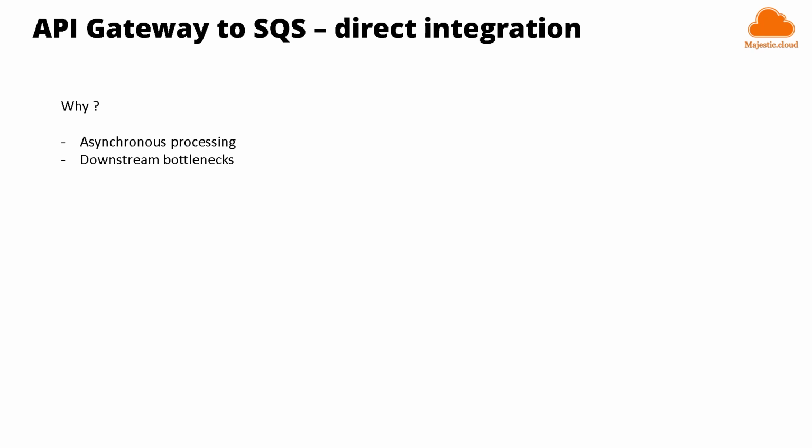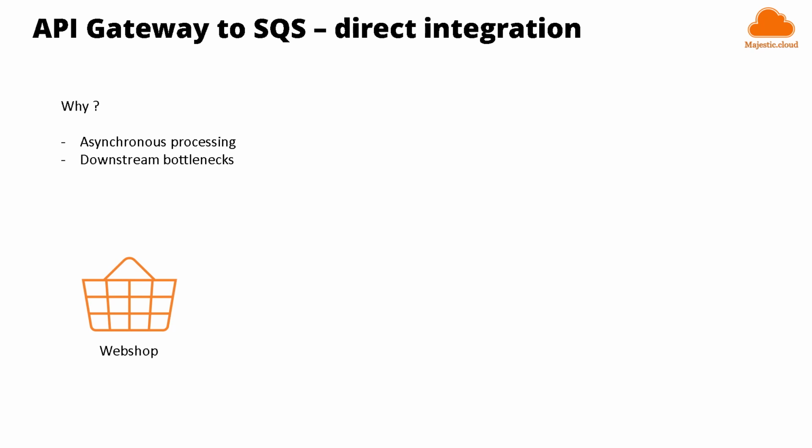That could be happening for many reasons, but usually you might want to do this if you want to avoid overwhelming some downstream integration. Let's imagine you have an e-commerce website that receives a large number of requests during peak traffic periods. If your backend is unable to handle the requests that you get, you will be losing orders.